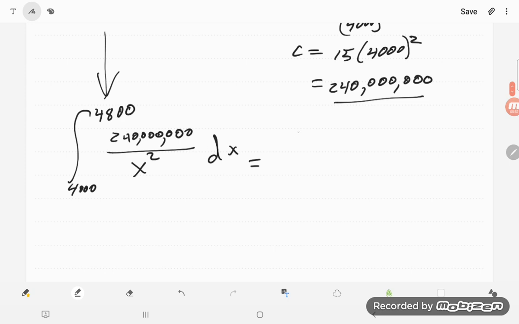So this is just our 240 million, 24 times 10 to the 7th, made it a little bit shorter to write. And I do my antiderivative of 1 over x squared. Well, that means that's x to the negative 2, add 1, so we get x to the negative 1, but then also divide by that negative 1, so we get this negative. And we are going from 4,000 to 4,800.